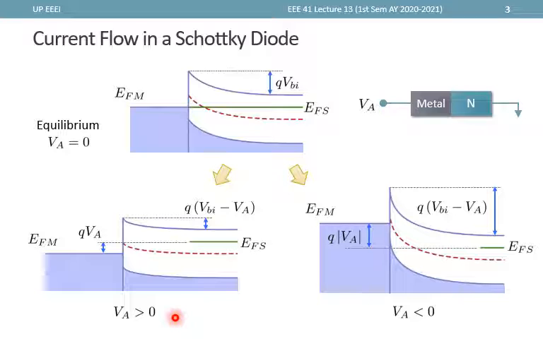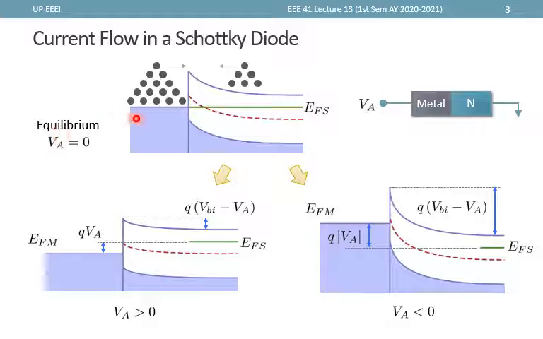But let's start with the flow of carriers when we are in equilibrium. At the metal side, we have a lot of electrons above the Fermi level, and we also have a large amount of electrons at the N-side semiconductor. Now, for the material to reach thermal equilibrium, then Jn must be equal to 0, and there must be no net flow of electrons in the device.